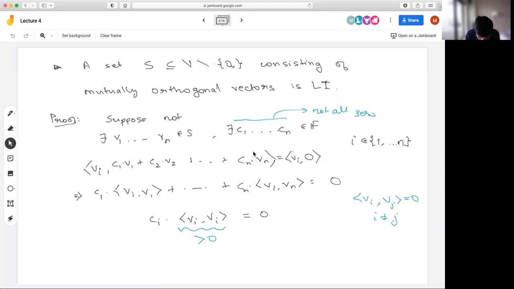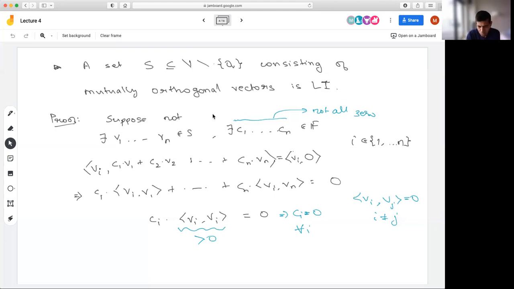So vi is not the 0 vector, so the inner product with itself must be non-zero, in fact even positive, and so ci has to be 0. And what we just did, we can repeat for any i that we want, and so all the coefficients are 0. So the only way you can have a linear combination which is equal to 0 is a trivial one. All coefficients are 0, nothing non-trivial can work, and so the vectors are linearly independent.